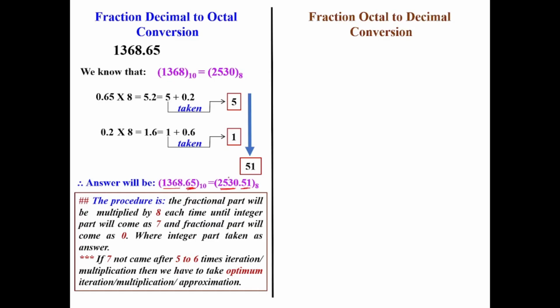Now we have to validate this in reverse. If we convert this octal number back to decimal, do we get this number or not? So for that I have given the heading over here on the right-hand side: fractional octal to decimal conversion. Here we consider the octal number 2530.51 and convert it to decimal. The integer part 2530 converts to 1368, which we already verified in our previous slide.